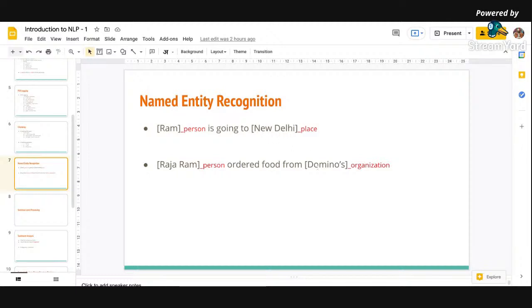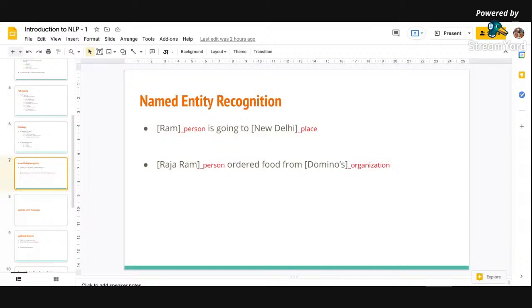For example, we have reviews for Domino's in Hyderabad, Domino's in New Delhi, Domino's in Vijayawada, etc. The sentiment need not be the same across the cities, right? So you look at the feedback on each of those places. You have three separate files: in one file you have feedback for Domino's in Hyderabad, in another file feedback for Domino's in New Delhi, and in the third file feedback for Domino's in Vijayawada.